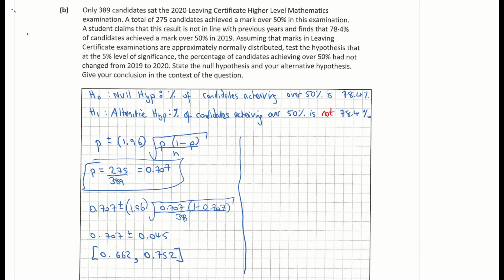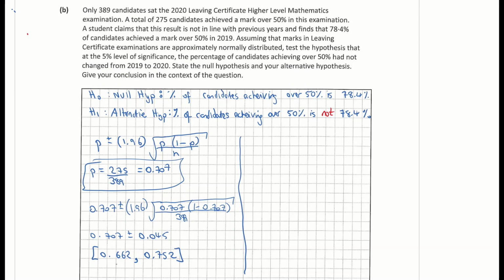So it has to make reference to the subject in the question. My conclusion here is that the student's claim of 78.4% falls outside my interval.